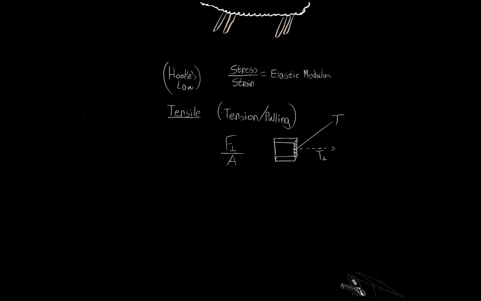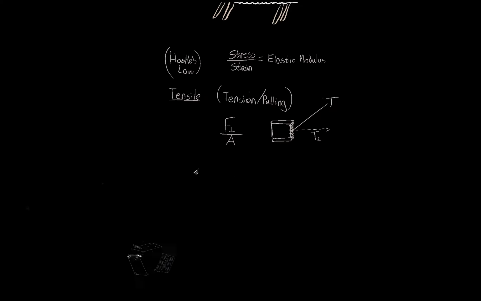The SI unit of stress in general is the Pascal, named after some guy, right, as everything in physics. Guy or girl, of course. And that's abbreviated Pa. And that's equal to a Newton per meter squared.